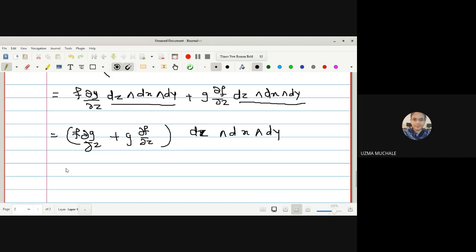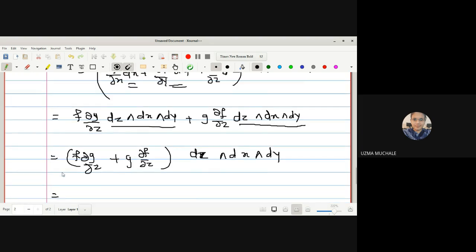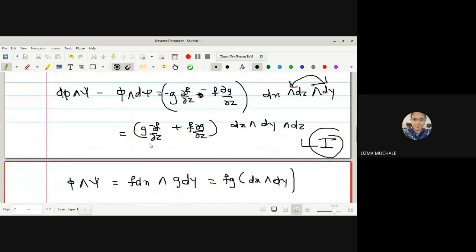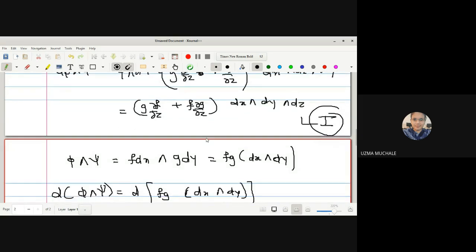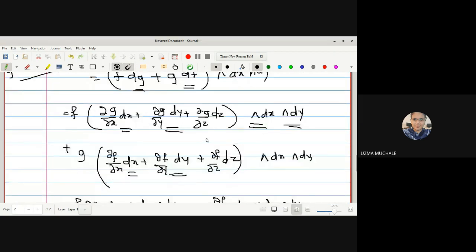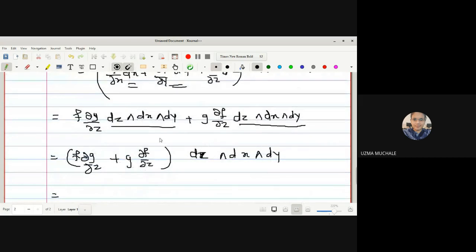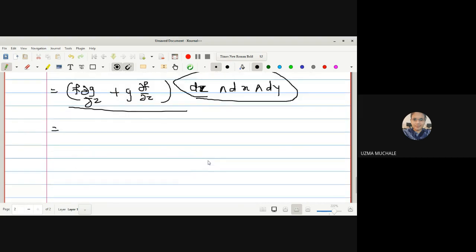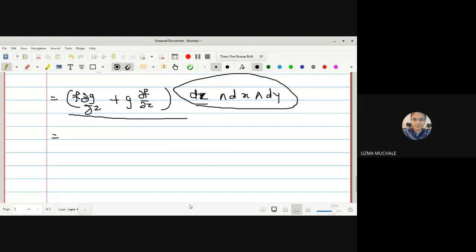Okay, now let me evaluate this so that we can get the equation 1. Okay, जो हमने equation 1 में क्या है, g dou f by dou z plus f dou g by dou z into dx wedge dy wedge dz. We get the value of a bracket. ये तो हमें मिल गया है, right? तो यहाँ पे सिर्फ position change है, otherwise it is same. So what I will do, I will just interchange the position. In the first step, this bracket will be as it is.